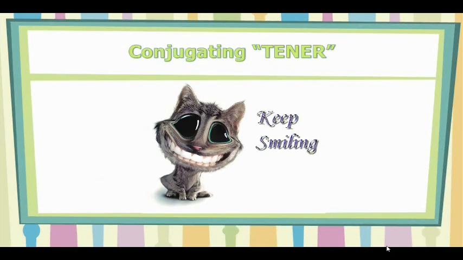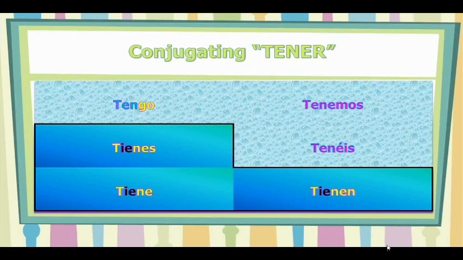Now let's look at the conjugation chart. First, let's just go over the different individual conjugations and its meanings. First, tener, like I said, means to have. So when you conjugate it, it would be yo tengo, I have, tú tienes, you have, él, ella, and usted tiene, he has, she has, or you formally have.